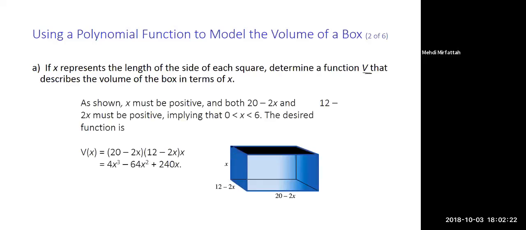If you picture that, your height is x, the length is 20 minus 2x, and the width is 12 minus 2x. So the volume would be the product of the height, length, and width. If I multiply this together, the equation for volume that they're looking for would be 4x cubed minus 64x squared plus 240x.